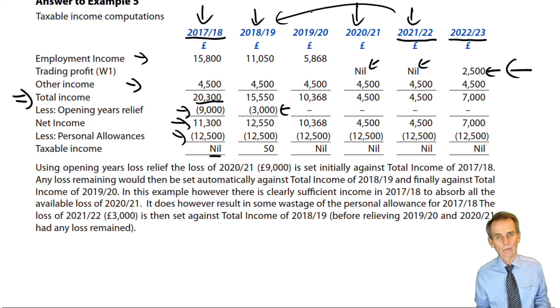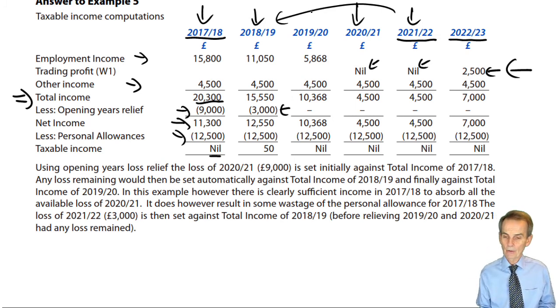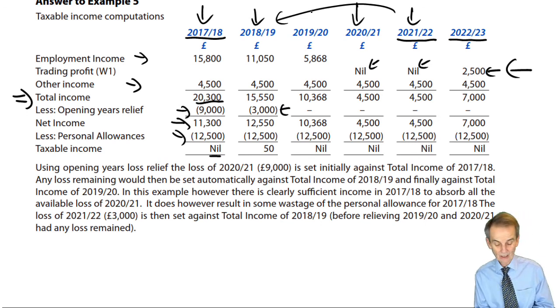Again, if those figures of loss had been bigger, then they would have moved forward from 3 years ago to 2 years ago, if necessary to 1 year ago. Once again, the problem with them, although the benefit is using more of it more quickly, that is a cash flow advantage, is that if the loss is substantial and bigger than those total income figures in earlier years, then it would eliminate and waste the use of the personal allowance.